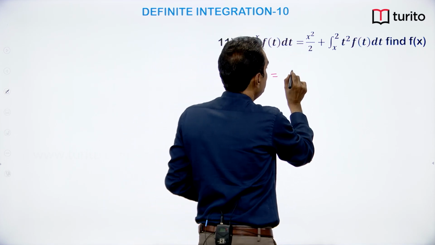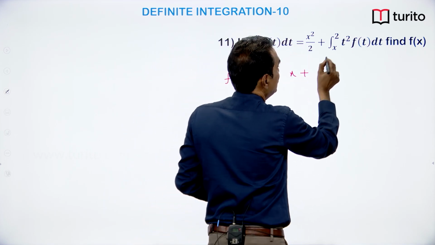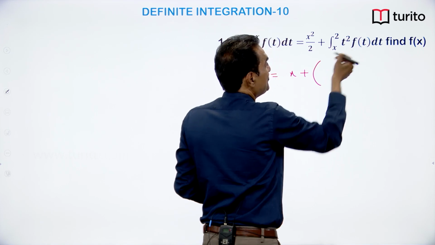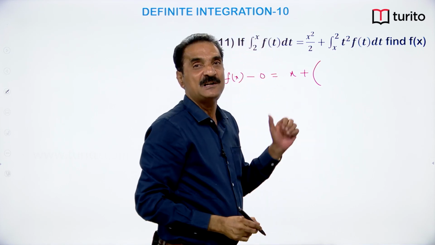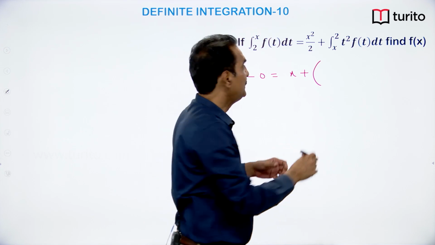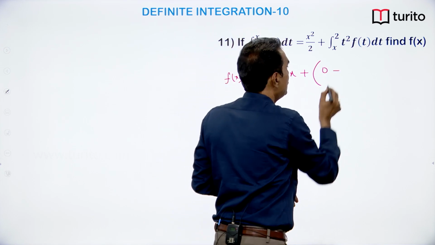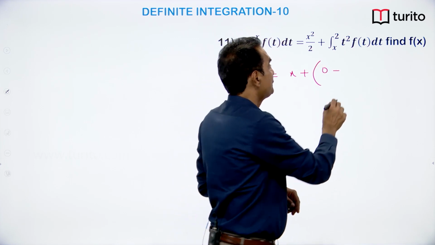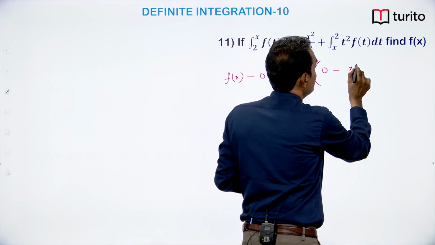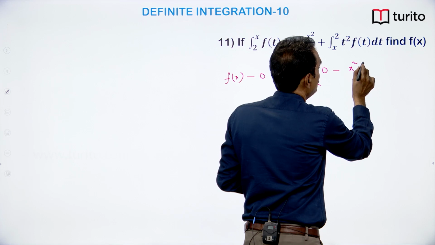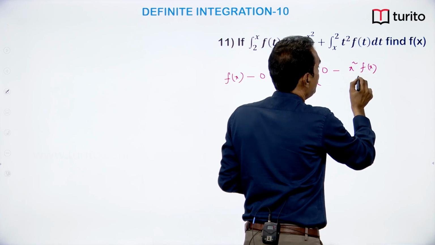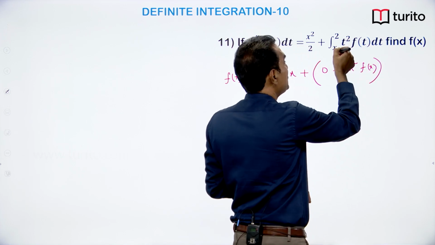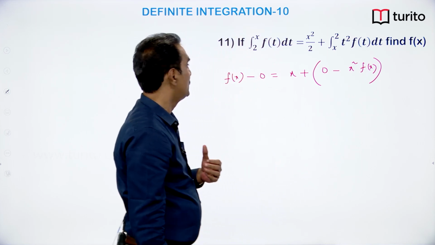Derivative of x square by 2 is x plus, if you substitute the upper limit and multiply by the derivative of the upper limit, you will get 0 minus substitute lower limit x, you will get x square into f of x and multiply by the derivative of x, that is 1.